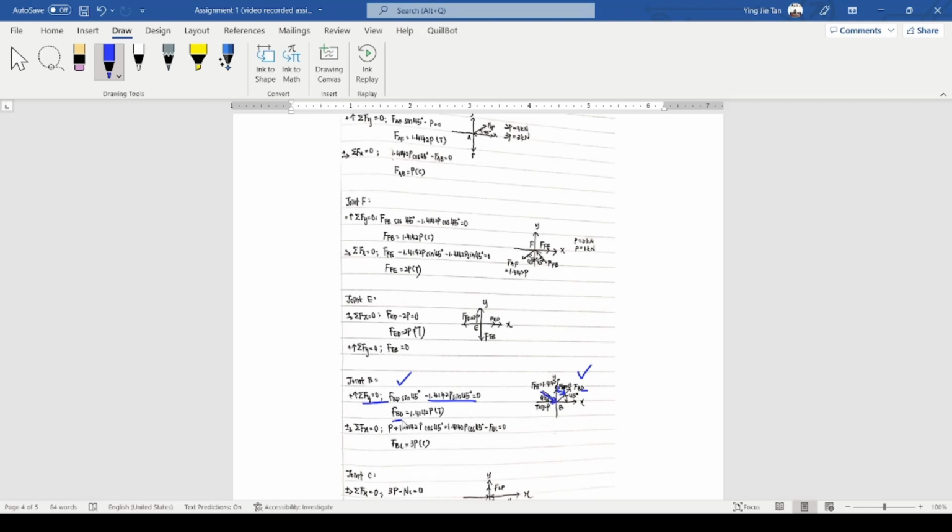After that, we will get FBD equals 1.414 P. So this one is tension. So the next one will be compression.